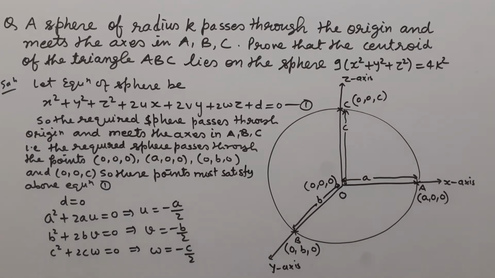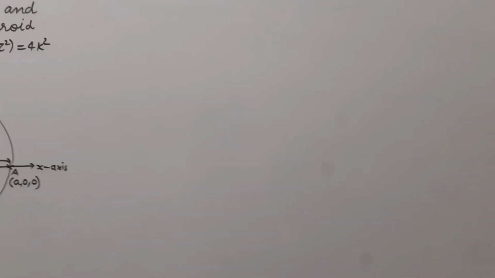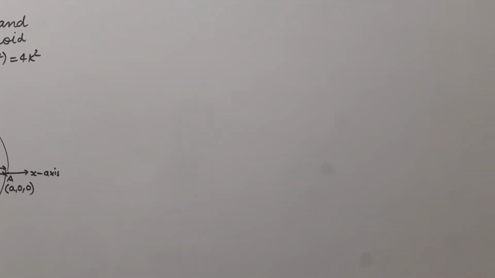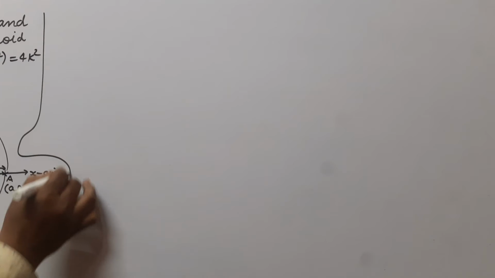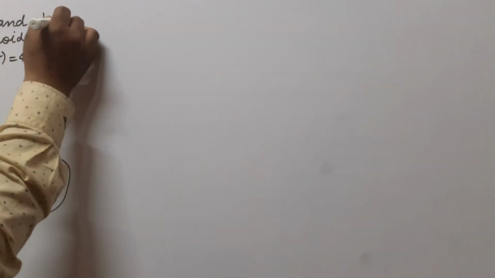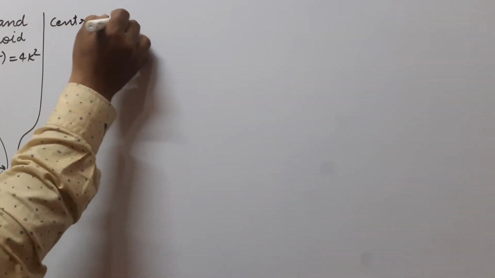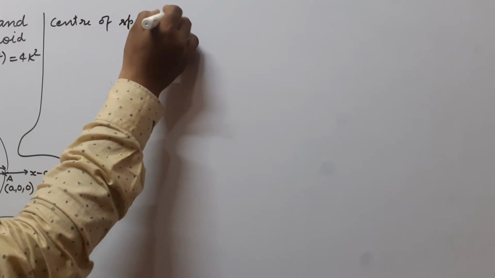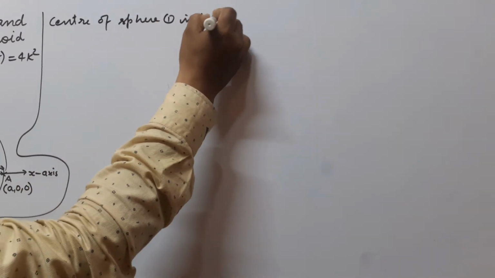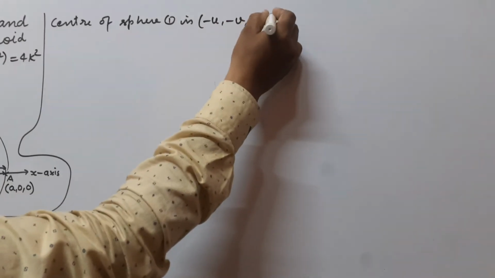So here we know that the center of sphere 1 is minus u, minus v, minus w.